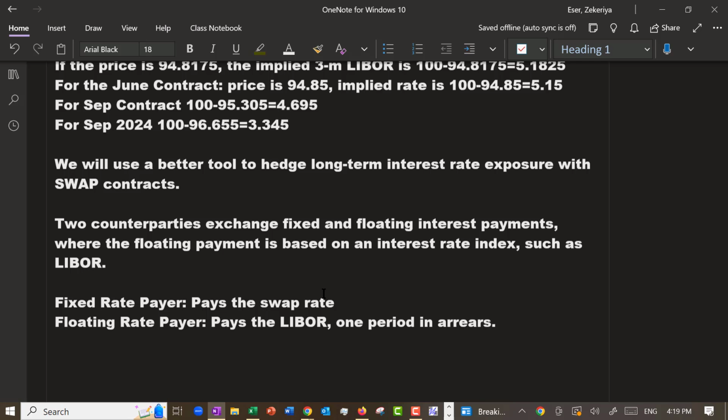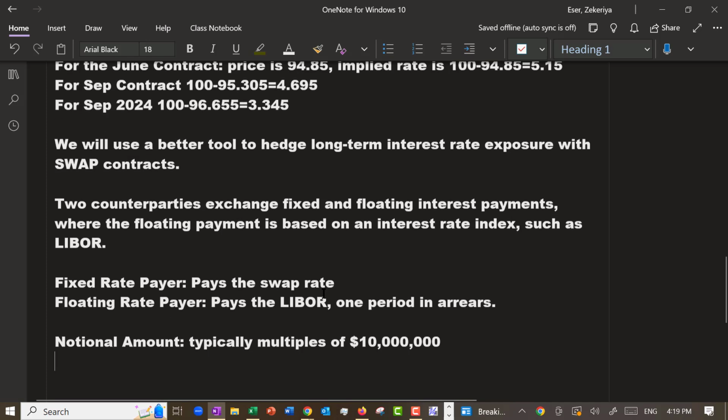Talking about notional amount, this is the amount over which you calculate fixed and floating payments. Typically, multiples of 10 million. You also need frequency. Most common is 3 months.